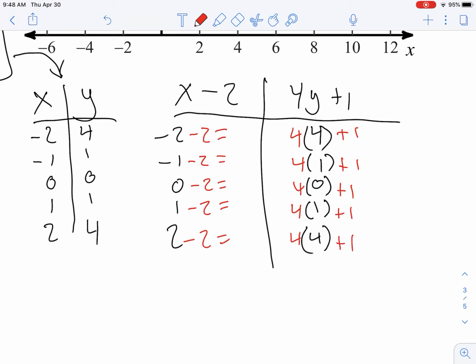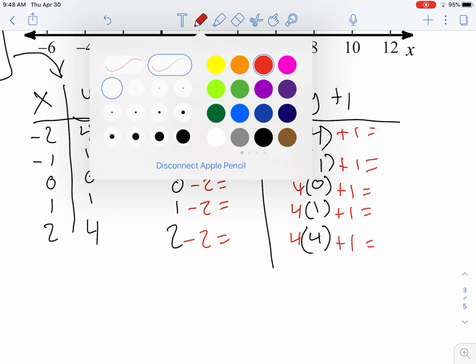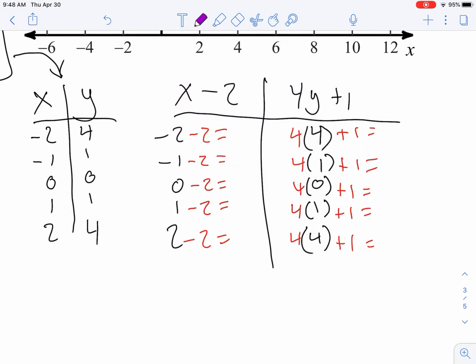So setting up my table with my transformations and what's happening to my numbers from my table. I'm going to use purple here. Negative 2 minus 2 is negative 4. We have negative 3, negative 2, negative 1, and 0.